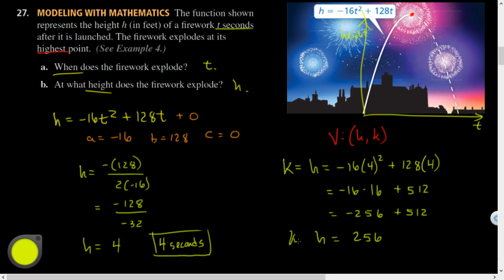Poor naming of letter conventions here. So this is vertex h, this is vertex k. So it explodes how high? 256. What was the unit measured in? In feet. 256 feet high.